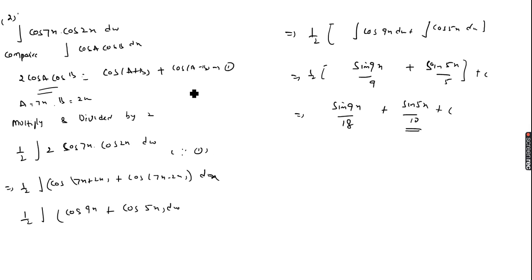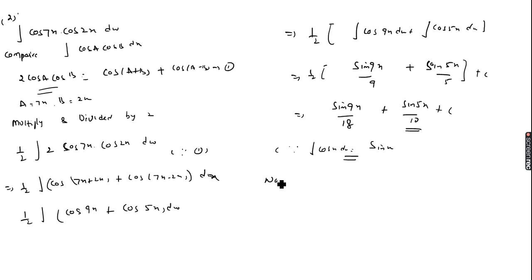From 1, this formula is applied: cos of 7x plus 2x plus cos of 7x minus 2x, which is cos 9x plus cos 5x dx. Separate the integration: 1 by 2 into the integral of cos 9x dx and the integral of cos 5x dx. Integration of cos is sin, so sin 9x by 9 and sin 5x by 5. Here we write the formula: integration of cos x is sin x.